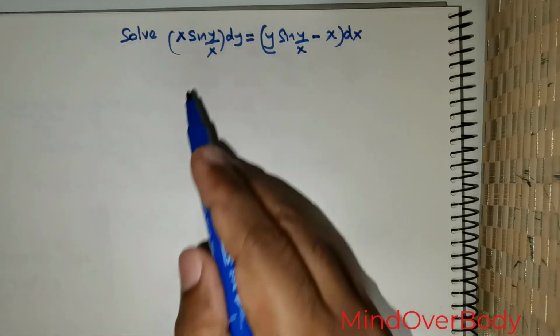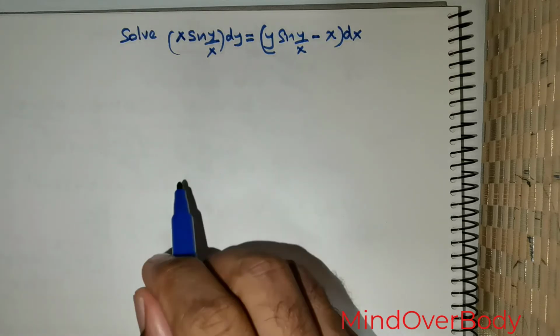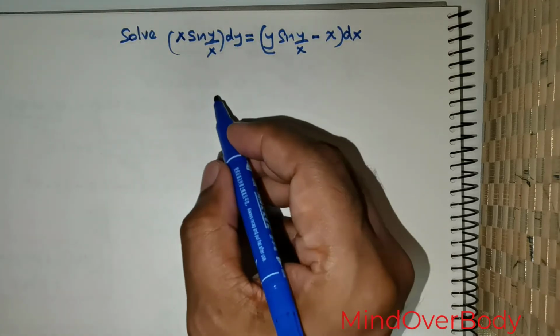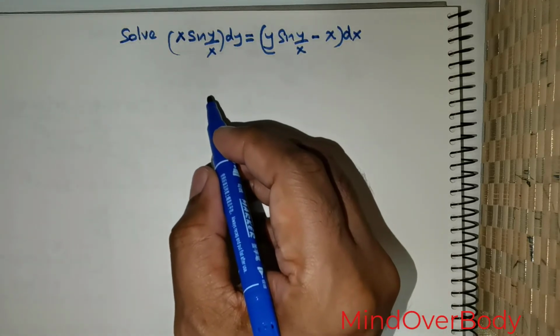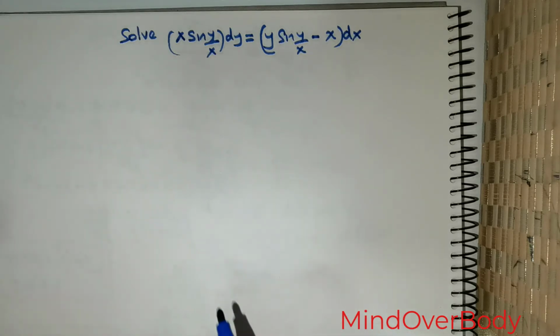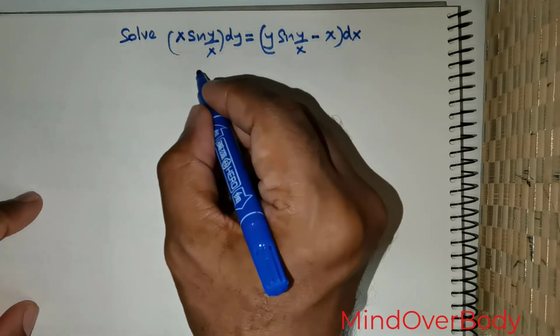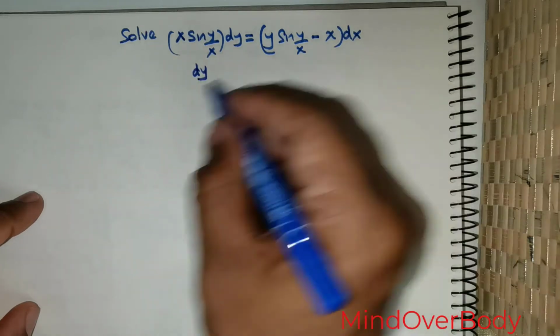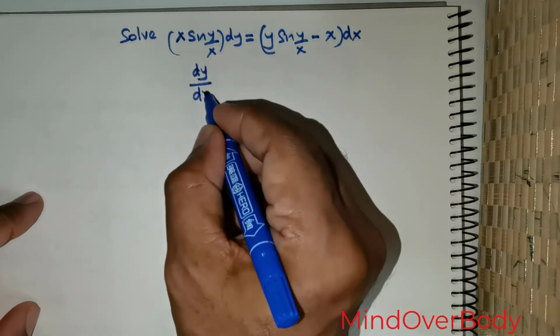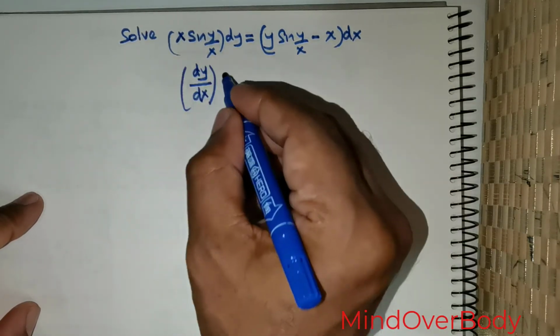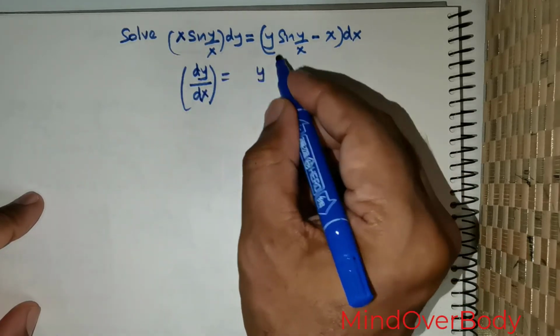Students, we are given this question and we are expected to solve, and we will have to first ascertain if it is a homogeneous equation or not. So for that, I would like to move my dy over dx to the left and club all other terms on the right hand side.